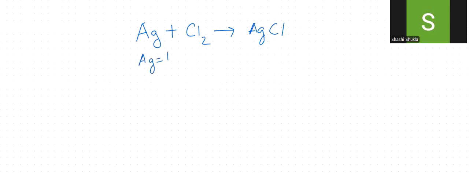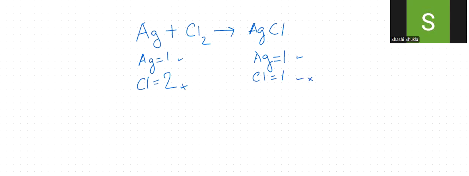Cl how many? 2. Right hand, Ag how many? 1. Cl how many? 1. Let's see if it's balanced. 1 on the left hand side, 1 on the right for Ag, balanced. Cl 2 and 1 on RHS, not balanced. So we need to balance it.